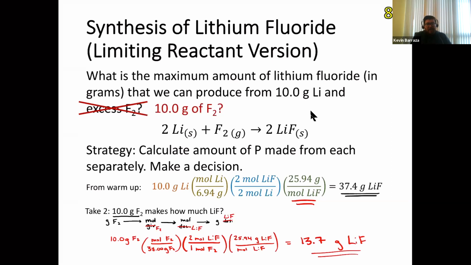Now, what do we take away? How do we answer the question? What is the maximum amount of lithium fluoride that can be produced from 10 grams of lithium and 10 grams of F2? Our answer would be 13.7.